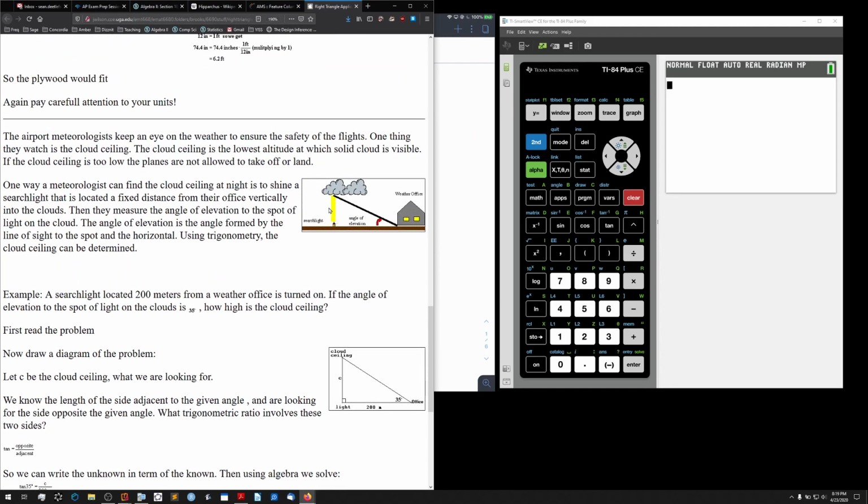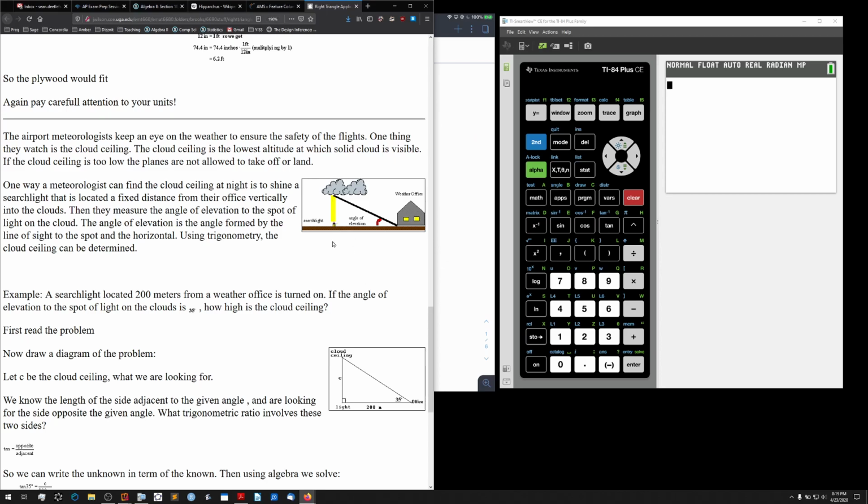A weather office would try to figure out if it's safe for small planes to fly, so they want to know the cloud ceiling, how high the clouds are from the ground, how many feet, and whether it's then safe for small planes to fly. They'll shine a light up at the clouds, and where it touches the clouds, they'll measure the angle of elevation, which we'll talk about a little later in our lesson. Then you can create a simple right triangle and figure out the height of the clouds.